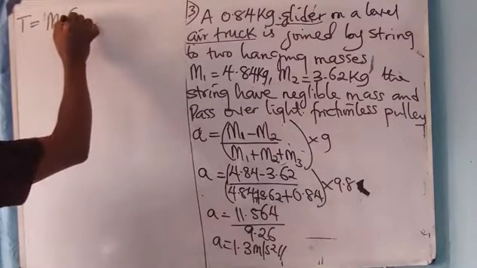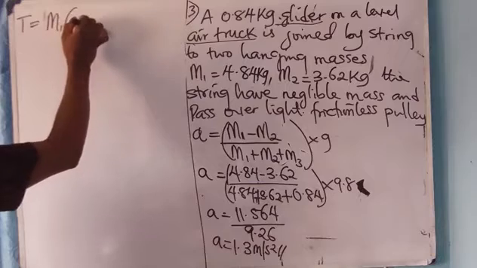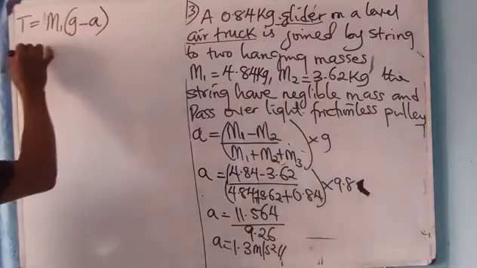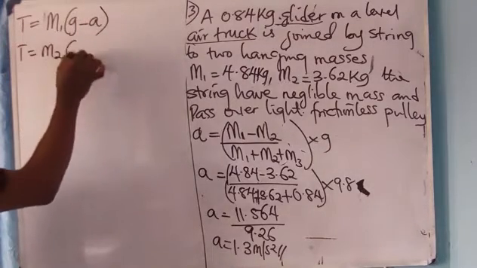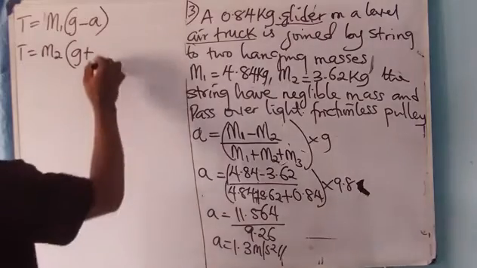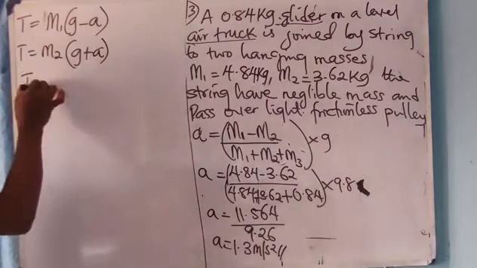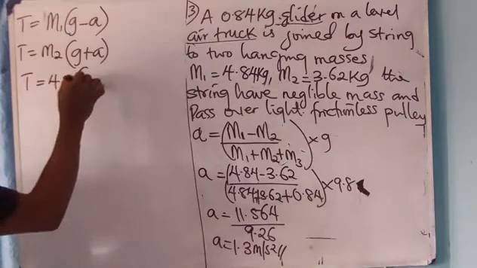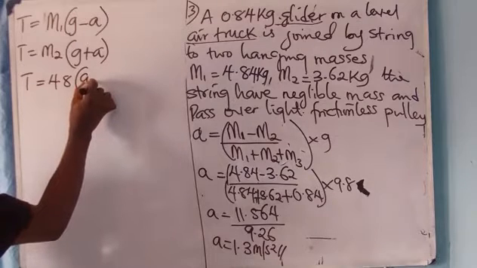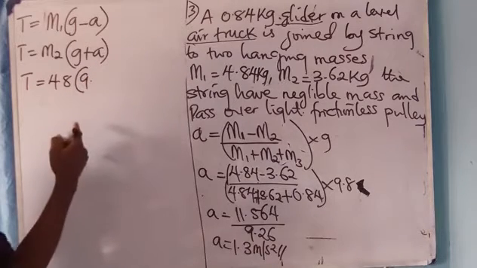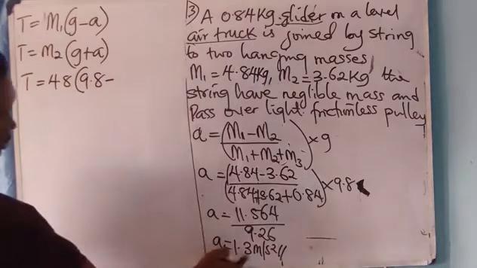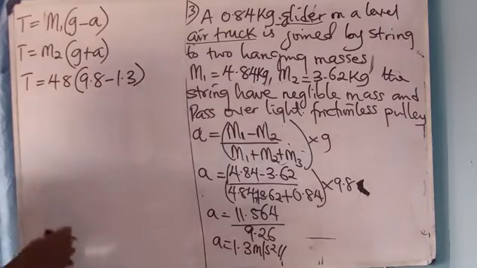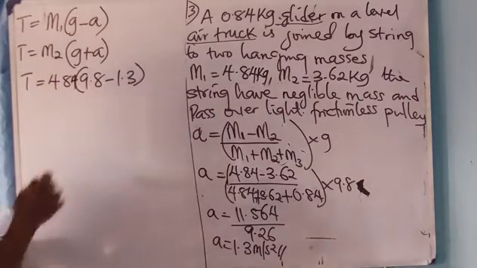G minus A. Then because M2 is G plus A. So mass 1 is 4.8 brackets 9.8 minus, we had acceleration to be 1.3, so 1.3. So let us, is it 4 point or 4.84?